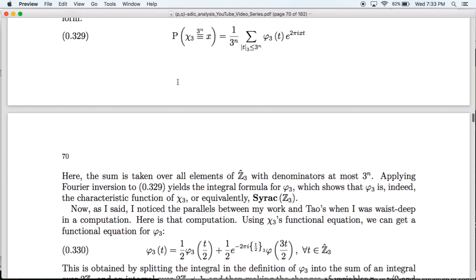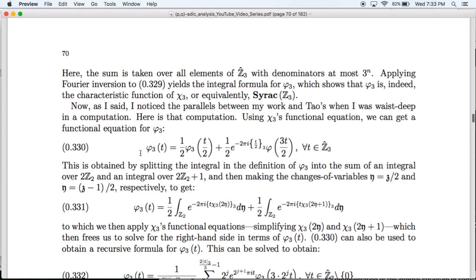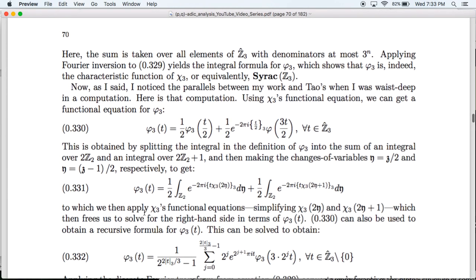So, as I said, I noticed the parallels between my work and Tao's when I was waist deep in a computation. Well, here's that computation. Using chi 3's functional equation, we can get a functional equation for phi 3. What we do is take the integral defining phi 3, and then split it up, integrating it over 2Z2 and 2Z2 plus 1, and then we make a change of variables to get the following expression, to which we then apply chi 3's functional equation to simplify these into expressions in terms of chi 3 of y.